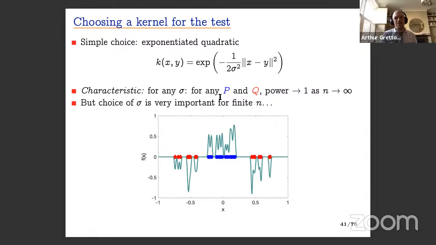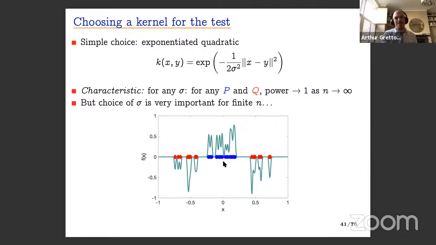What if I choose too narrow a kernel? Well, my MMD here is going to be large. But what you're seeing is that my witness function is spiking around every sample that I see. So it's true that my MMD is going to be large for this example, but it's going to be large however I arrange my points. Whatever arrangement of my blue and red points I get, I'm going to get a big MMD.